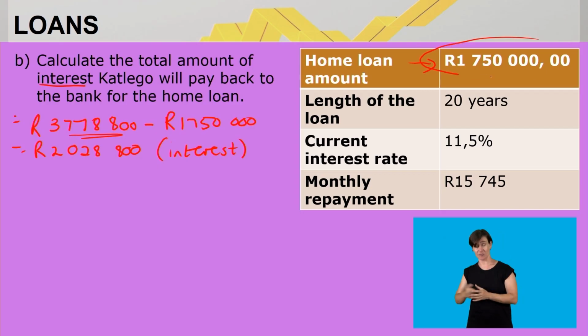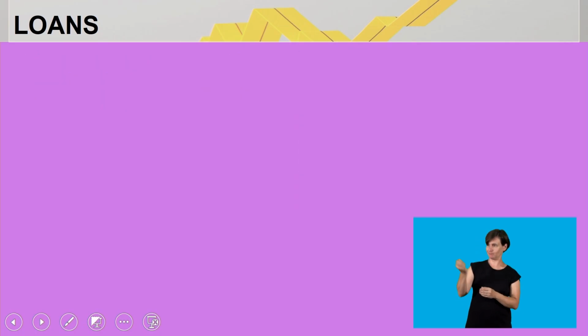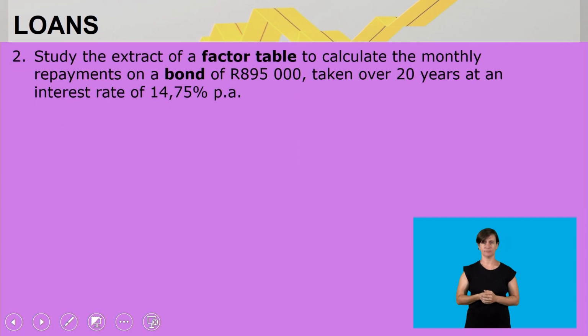This is what he needed for the house. Can you see? So he's paying more than double back because of the interest that is being charged here. Okay, so I hope that is clear to you. This is the amount that he needs to pay back. So we compared it by saying it's more than double the loan amount. Okay, all right. Let's look at our next question.